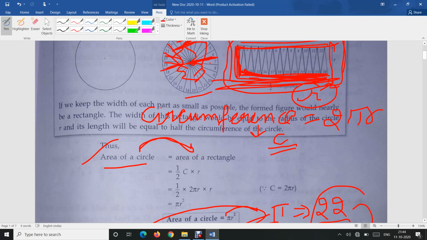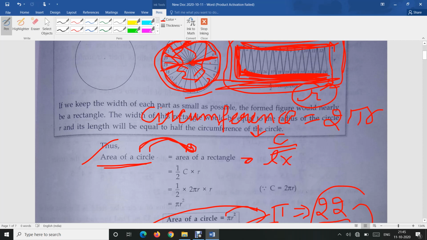This length will be half of the circumference of the circle, because this is the total length of the circle, but out of this total length, half is the length which is here, and half is the length which is here, but we count it only once. So we can say that the length of the rectangle will be equal to half the circumference of the circle.